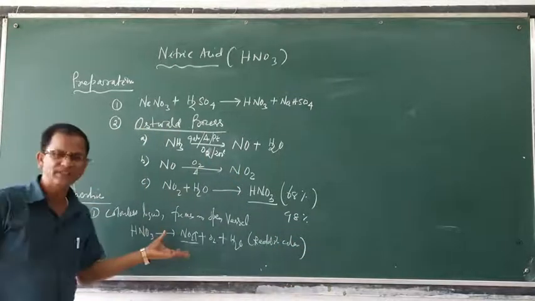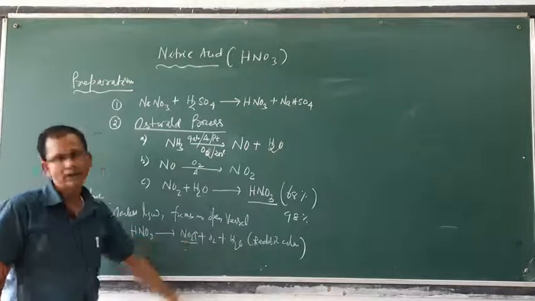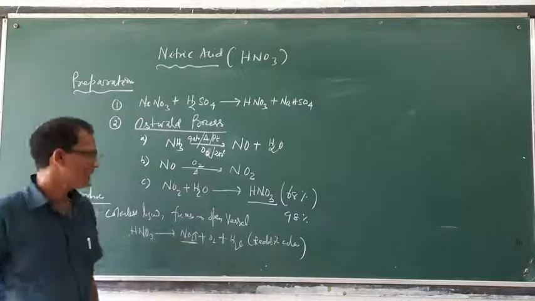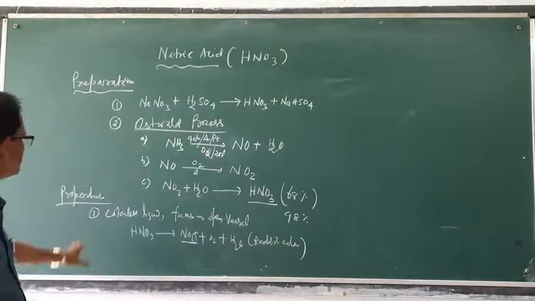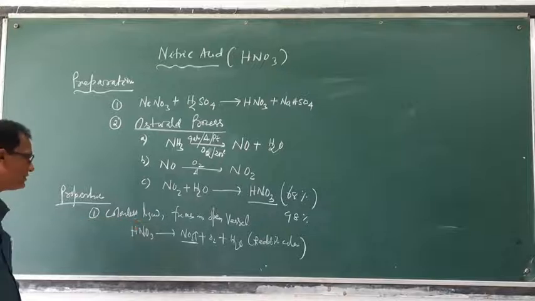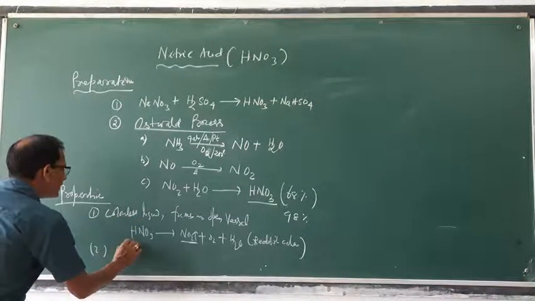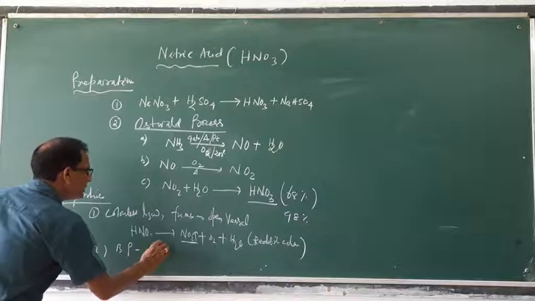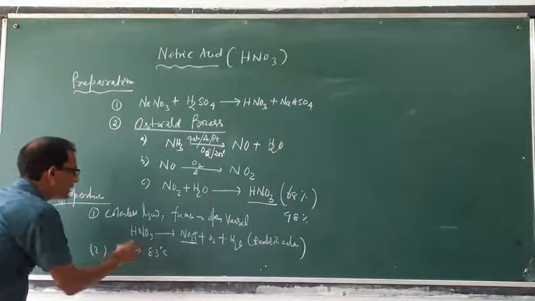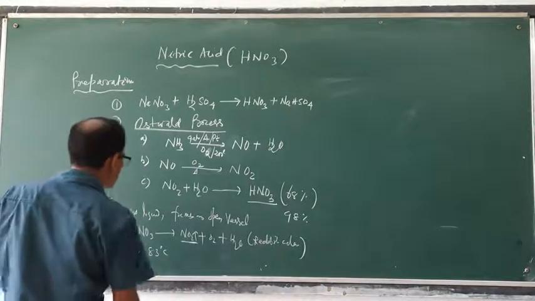This is one physical property of nitric acid. Its boiling point is around 83 degrees Celsius.